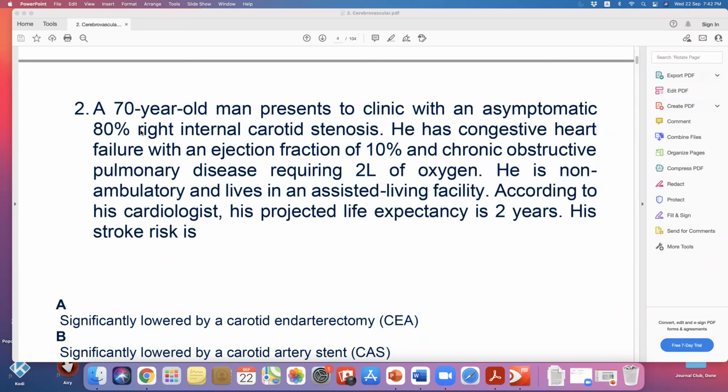Fine. So this is a 70-year-old man presented to the clinic with an asymptomatic 80% right internal carotid stenosis. He has congestive heart failure with an ejection fraction of 10% and chronic obstructive pulmonary disease requiring 2 liters of oxygen. He is non-ambulatory and lives in an assisted living facility.